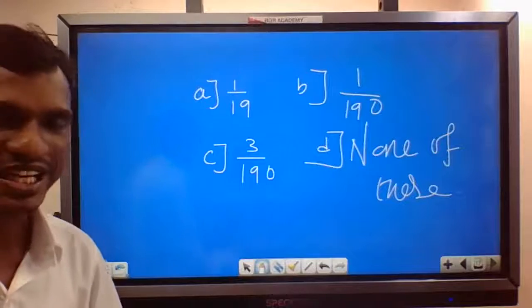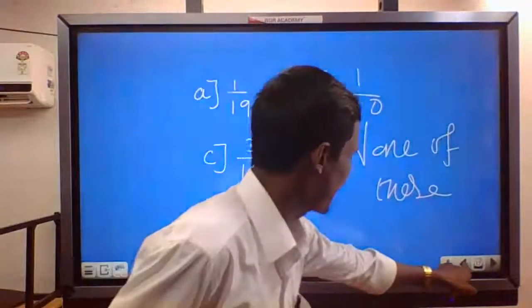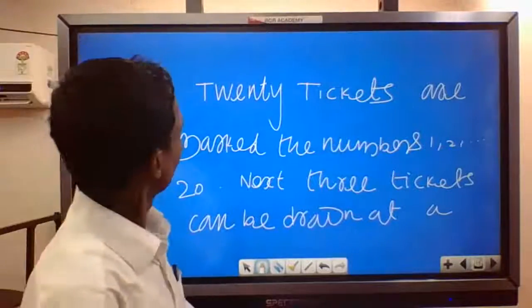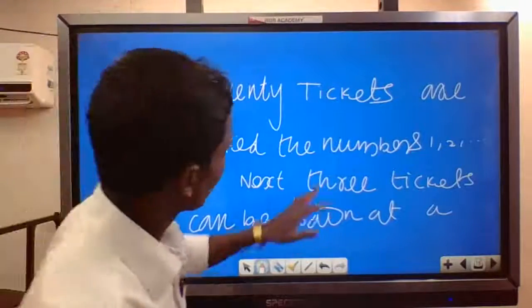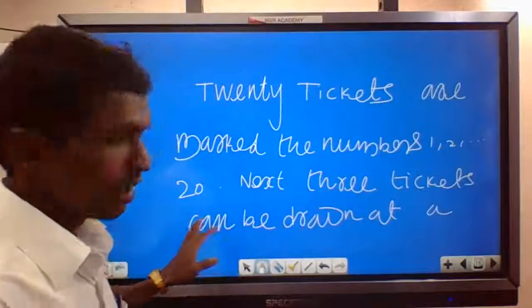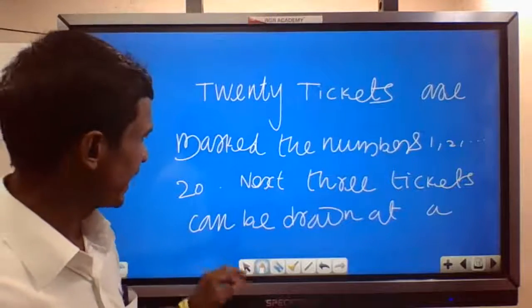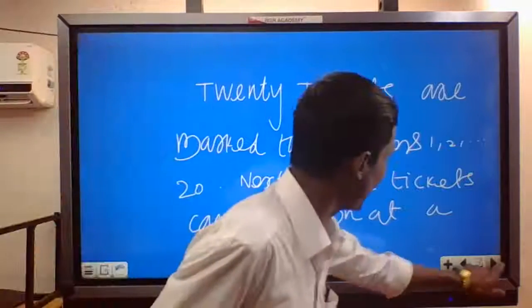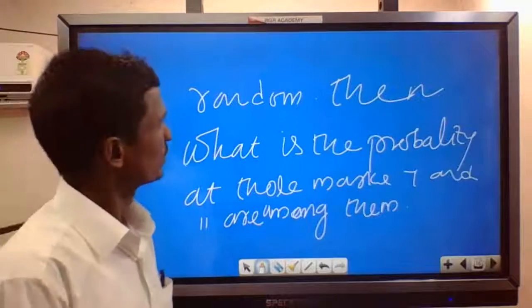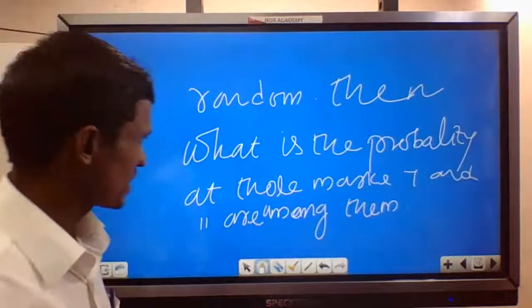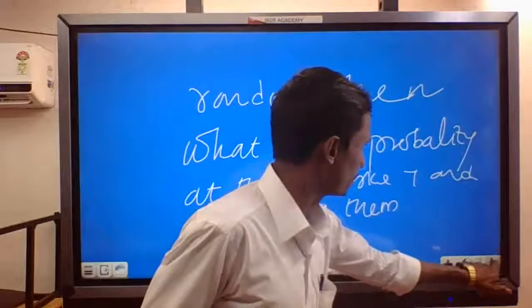We can understand here, once again I read the problem. 20 tickets are marked with the numbers 1, 2, up to 20. Next, 3 tickets can be drawn at random. What is the probability that 7 and 11 are among them?